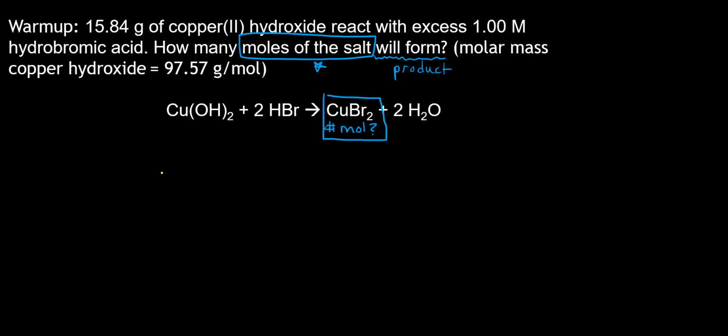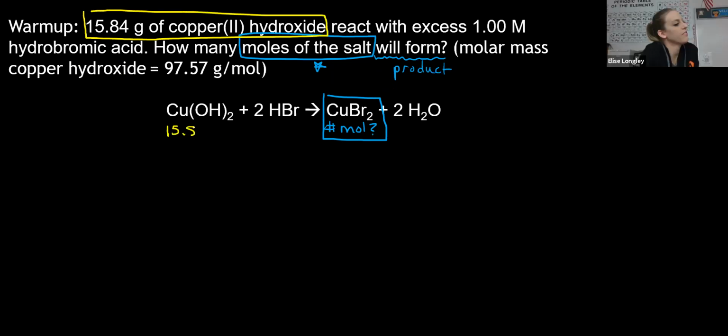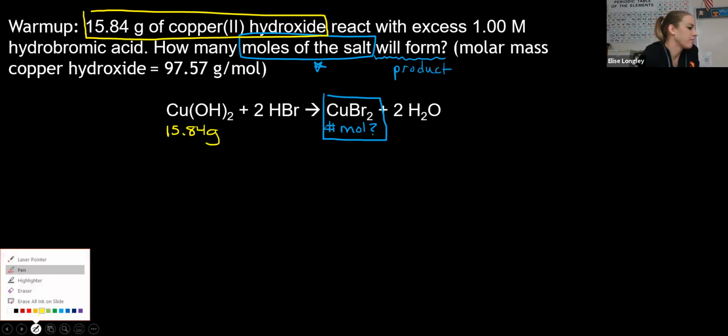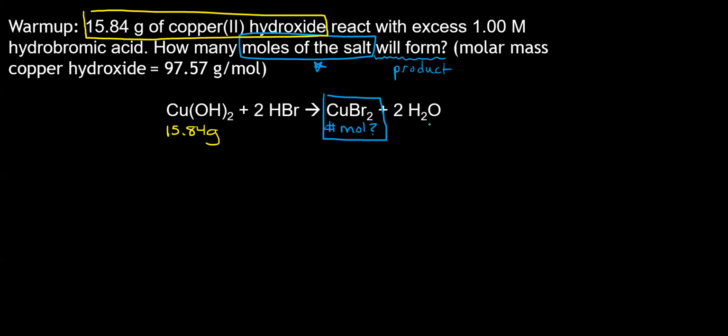Now, what are our givens? You have 15.84 grams of copper 2 hydroxide. Okay, so that's 15.84 grams here, right? And then what's the other thing I'm given? 1 molar of hydrobromic acid.